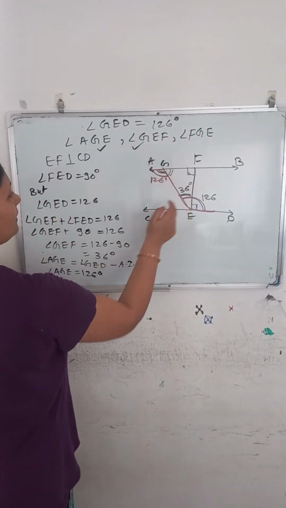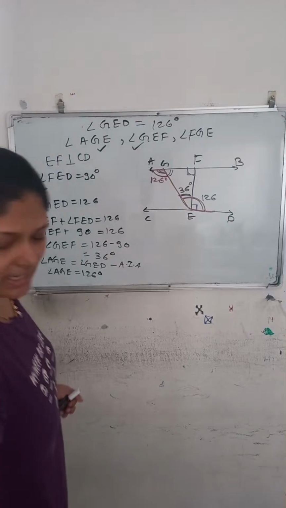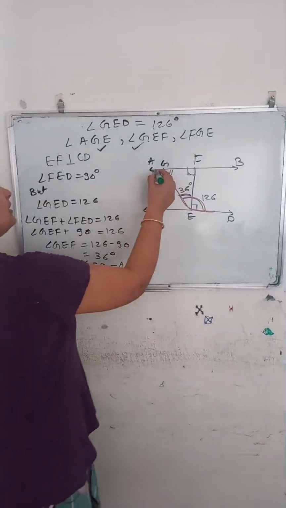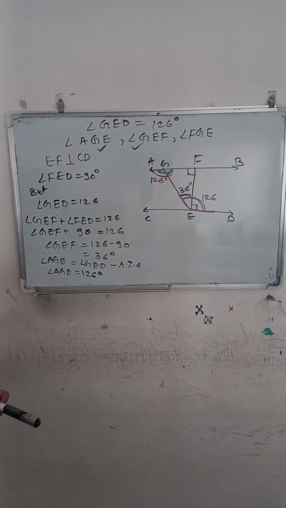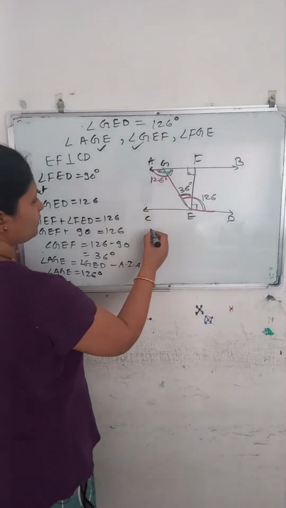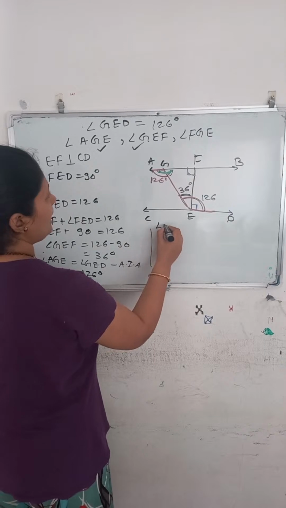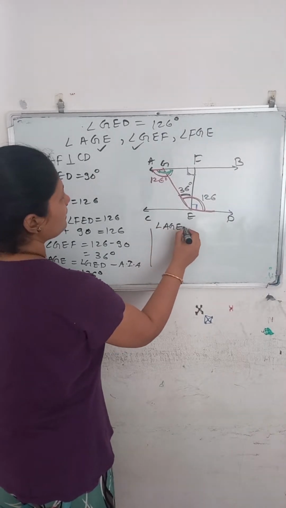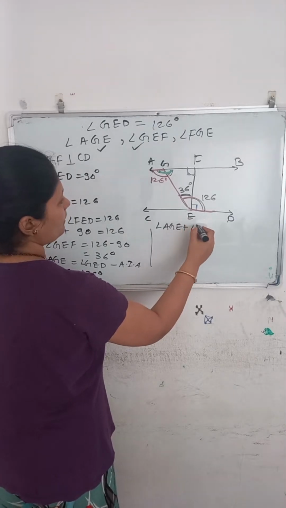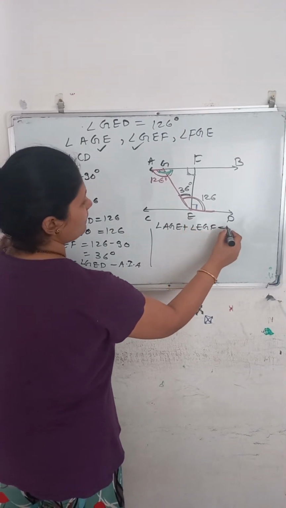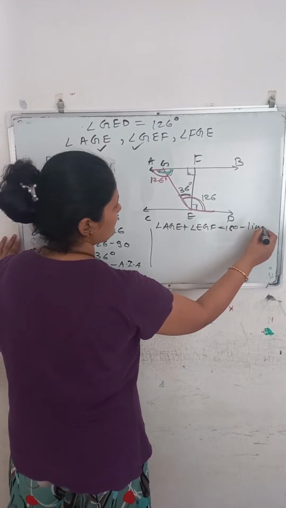F, G and E. If you observe this diagram carefully, these two are in a linear pair, no? So here I will write angle AGE plus angle EGF is equal to 180. Write the reason, that is linear pair.